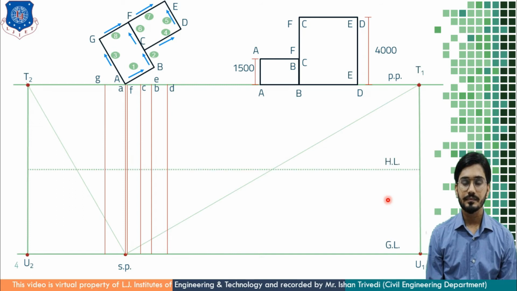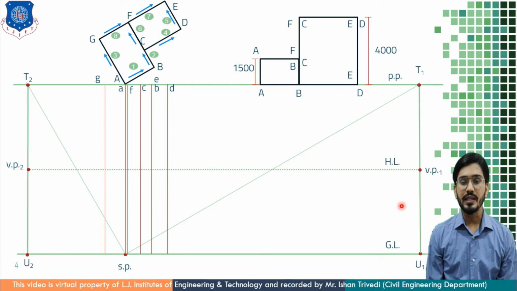Next I am drawing a horizontal line from the ground line at 6 meter height. So from the ground line to the horizontal line, the distance will be 6 meters, and this is given in your problem statement. And this horizontal line passes through the T1 U1 line and the T2 U2 line, and I am getting two different VPs, VP1 and VP2 respectively.